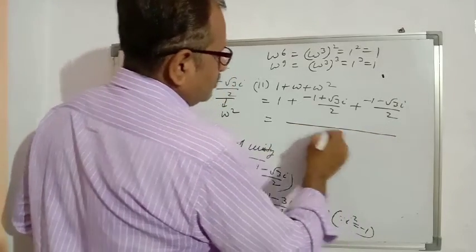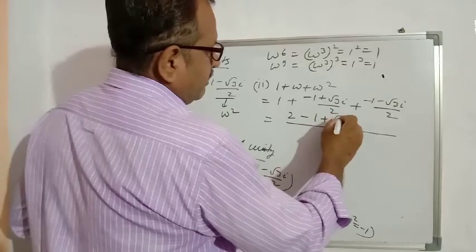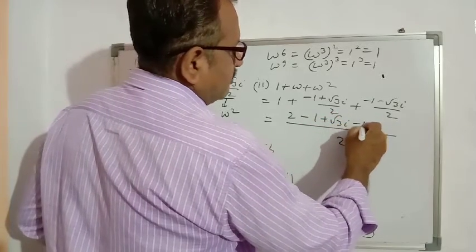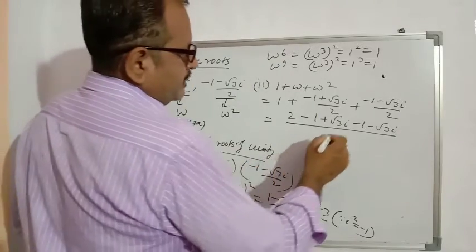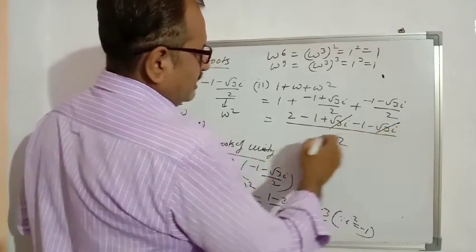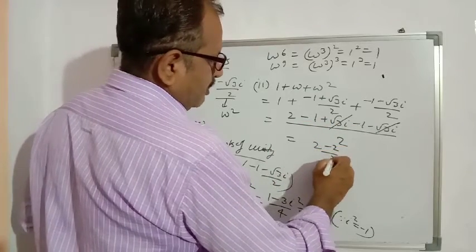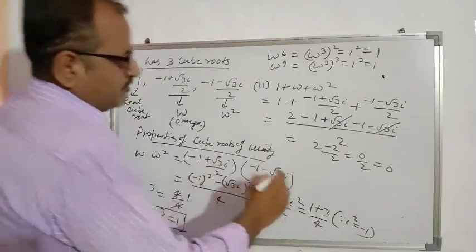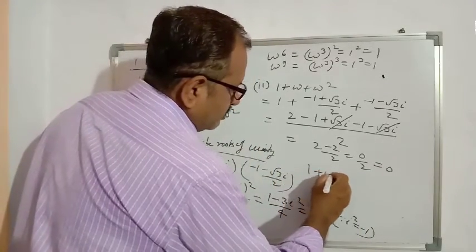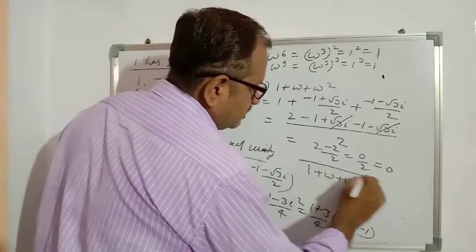LCM will be 2: 2 plus (−1 + √3i) plus (−1 − √3i). Plus root 3i and minus root 3i cancel, and 2 minus 1 minus 1 is 0, so 0 by 2 is equal to 0. So we see that 1 plus omega plus omega square is 0.